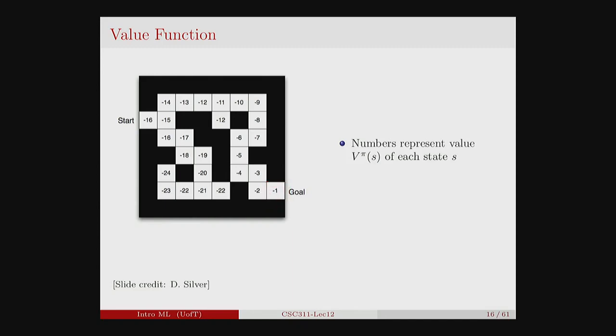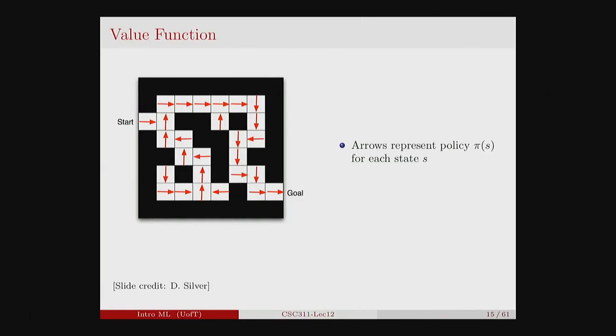So right before the goal state, you have a value of -1. Why? Because the reward is set up so that every step that you take has a cost of -1. So this is the value of being right next to the goal state, because that's just the cost that you have to pay to move one step to the goal, given this policy that tells you to move to the right.